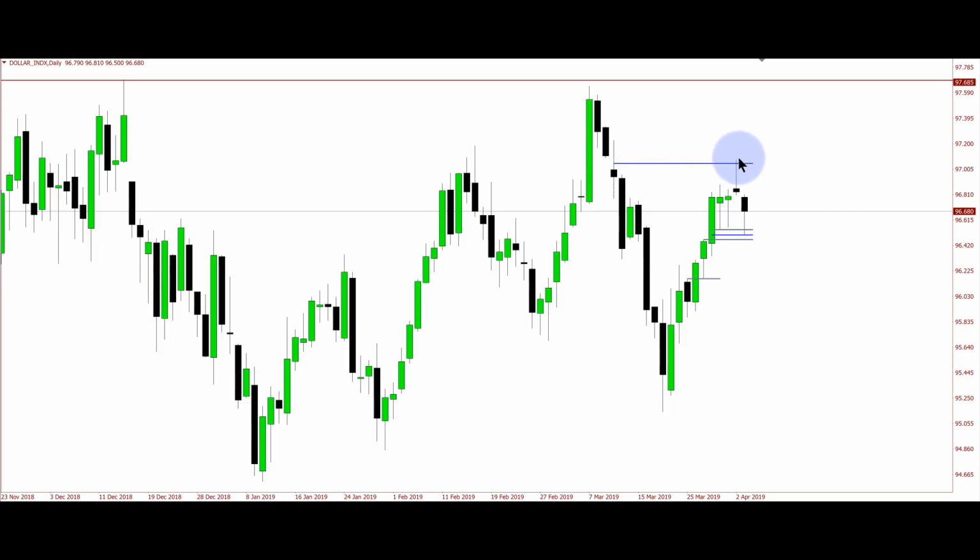So when we drop down to lower time frames, this will be salient once we drop into intraday charts. We also have a fair value gap in here as well. You'll see that the blue line in here, 96.50, will be salient as well when we drop down to lower time frames. It's this candle's low, this candle's low, and this candle's high, because a single candle passed through here.